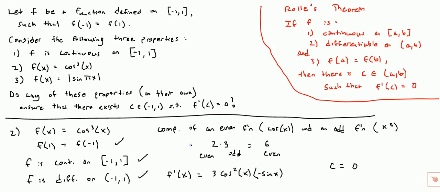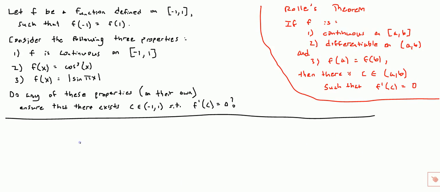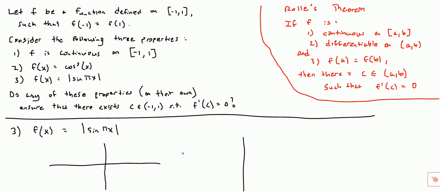So let's check out the third property. F of x is equal to the absolute value of sine of pi times x. The easiest way to check this one, in my opinion, is to graph it. To graph it, let's first graph sine of pi x, and then we'll graph the absolute value.